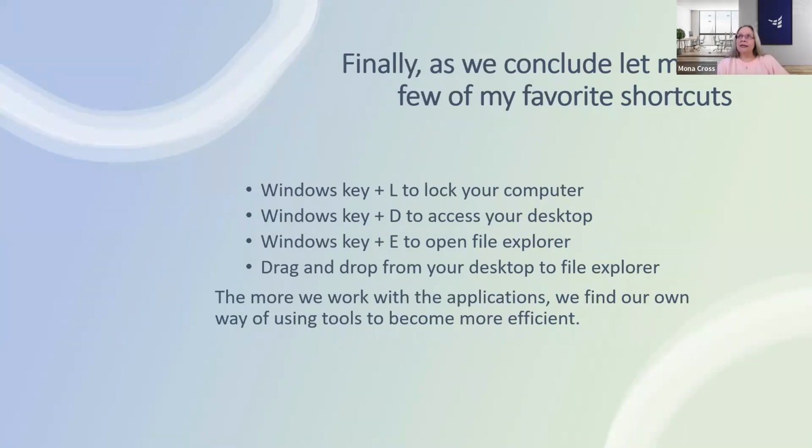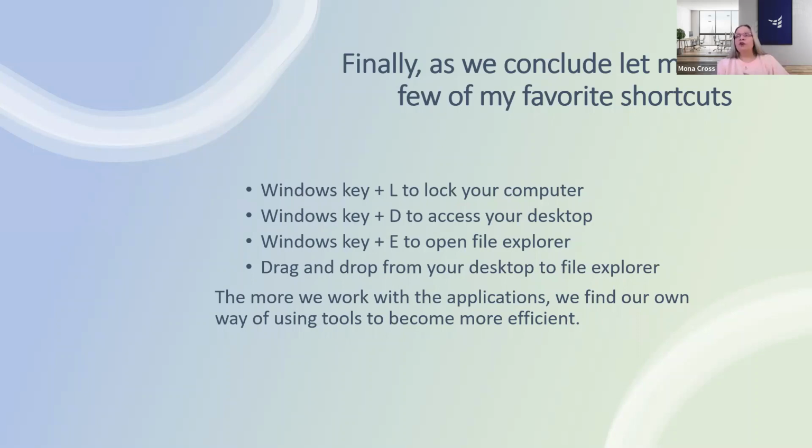Your Windows key is on the left side of your keyboard between the Control key and the Alt key. If you are on a laptop, it's going to be between your Function key, the FN, and the Alt key. But you just hold that down and hit the letter L and it locks your computer. And you're going to get so good with that, you're going to be able to do it in a split second.